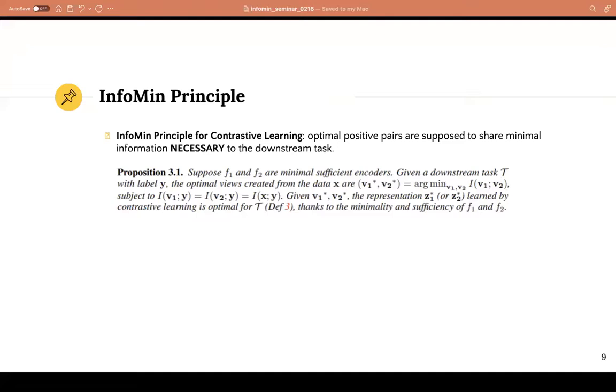For example, you randomly apply some augmentation techniques to the same image and get two images, or you sample two images from one video. You think they are temporally related, and that's how you define good views. But this paper wants to design an automatic method to learn good views.